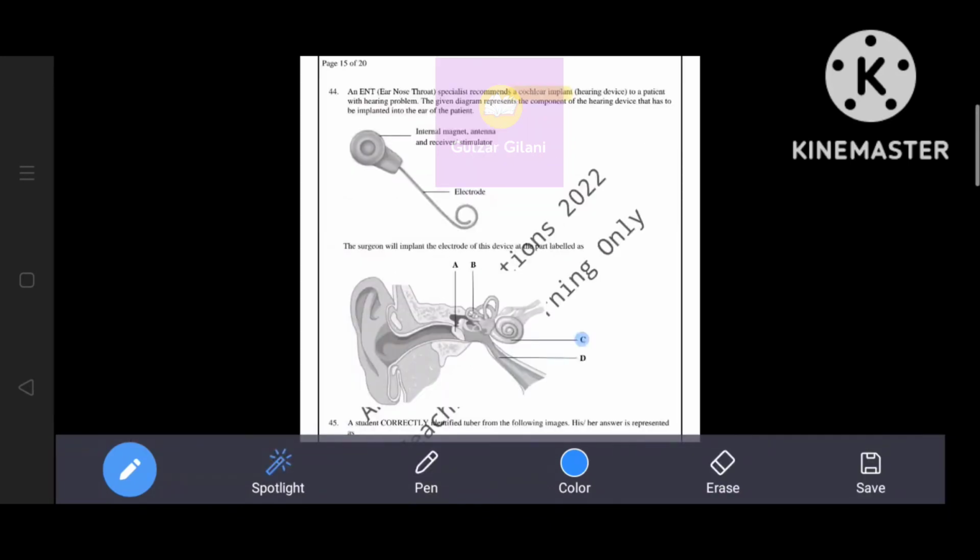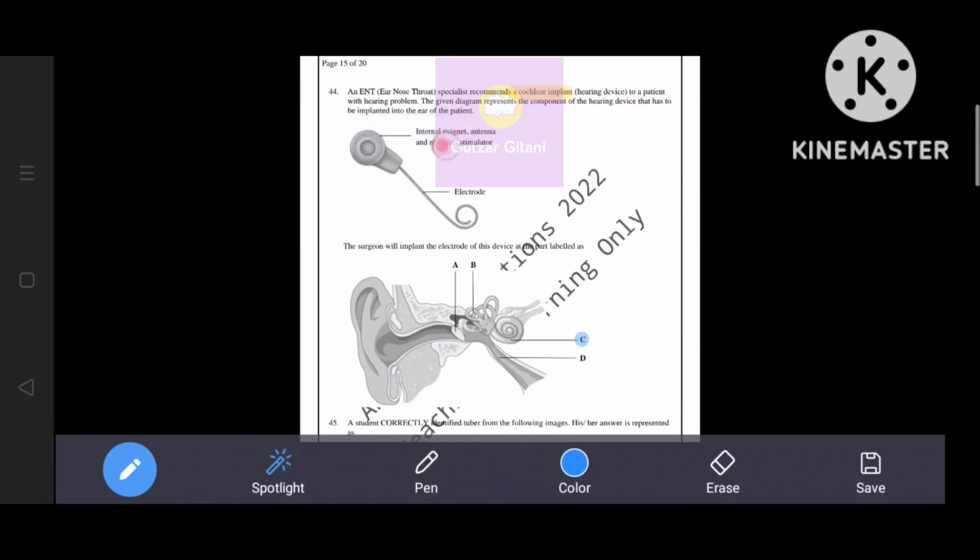Next question. An ENT, ear, nose, throat specialist recommends a cochlear implant hearing device to a patient with a hearing problem. The given diagram represents the component of the hearing device that has to be implanted into the ear of the patient.